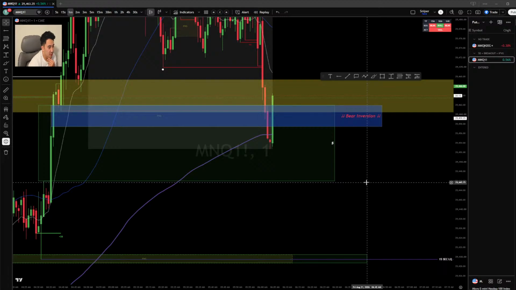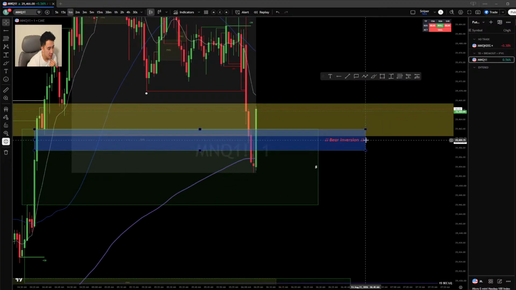See if this bearish inversion zone holds. Doesn't look like it will. We're just gonna delete that one there.